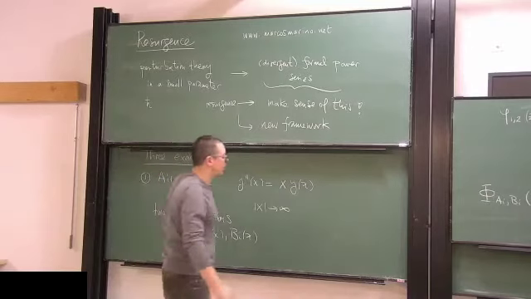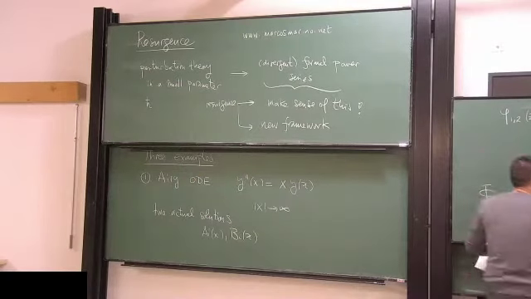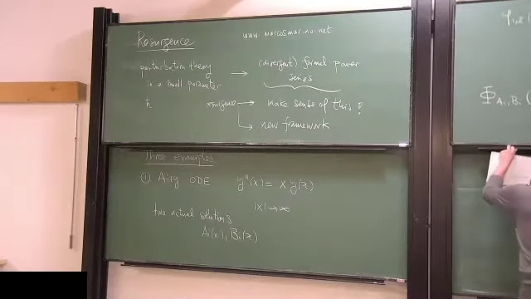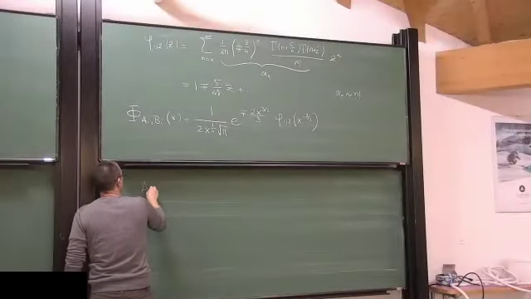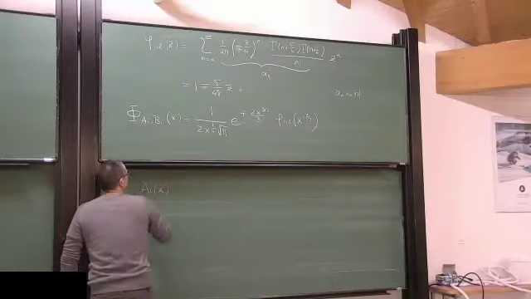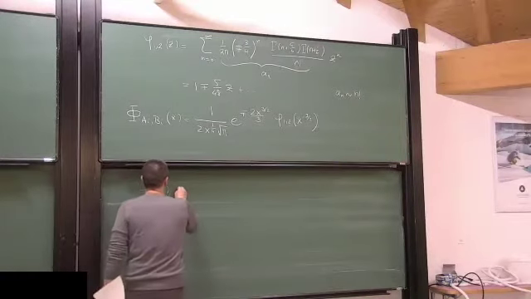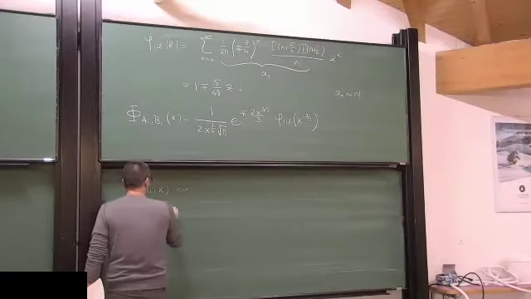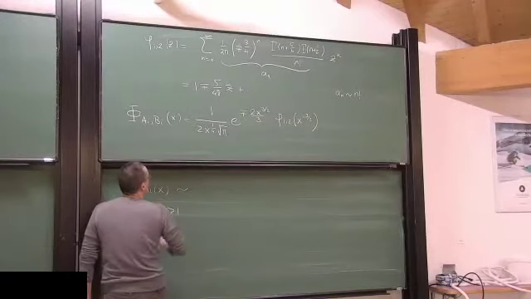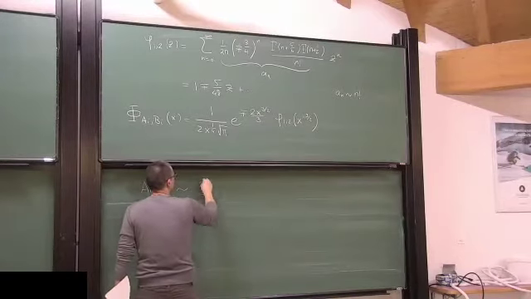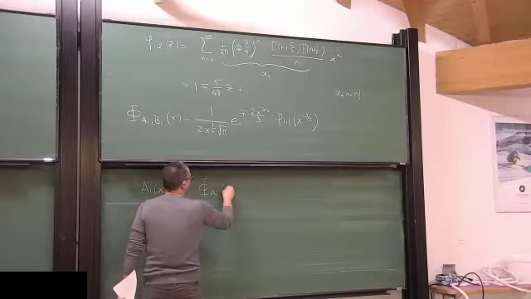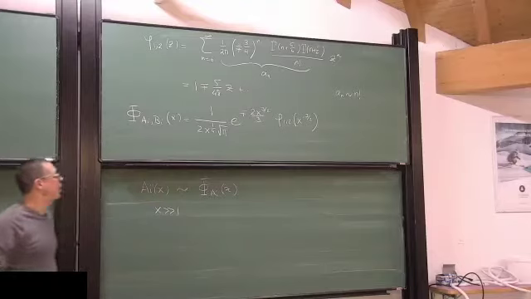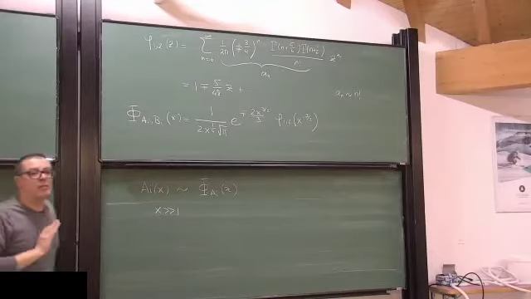And one thing that you can say is that these expressions give you asymptotic expansions for these functions. So for example, if x is positive and large, you can actually approximate this function by this formal function phi_i of x. But already this statement is highly non-trivial.